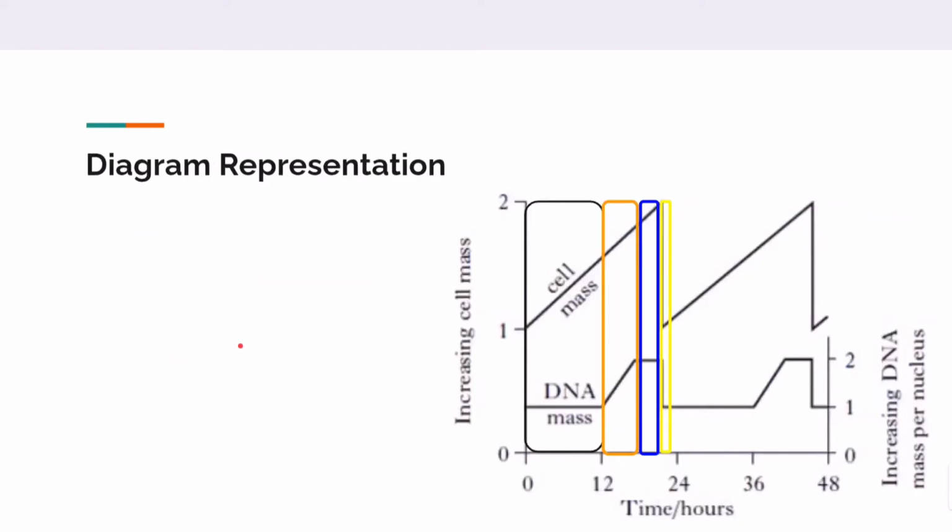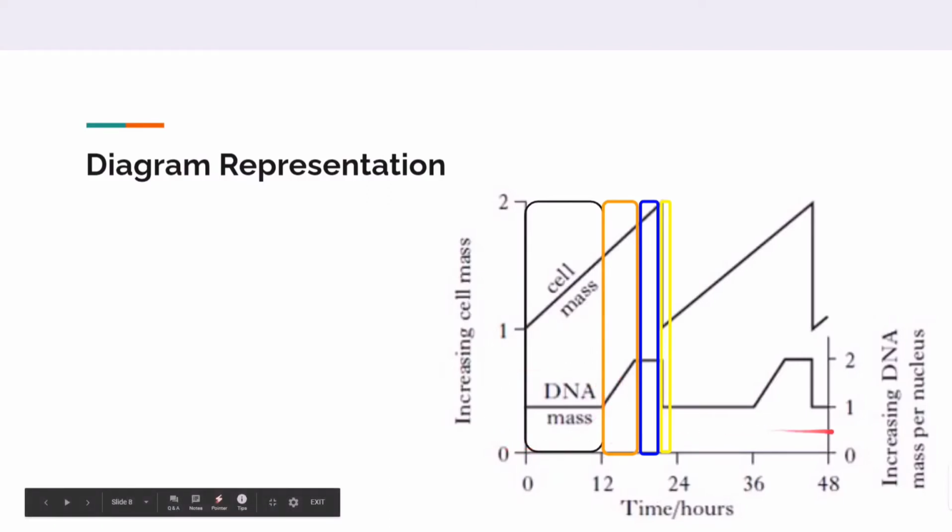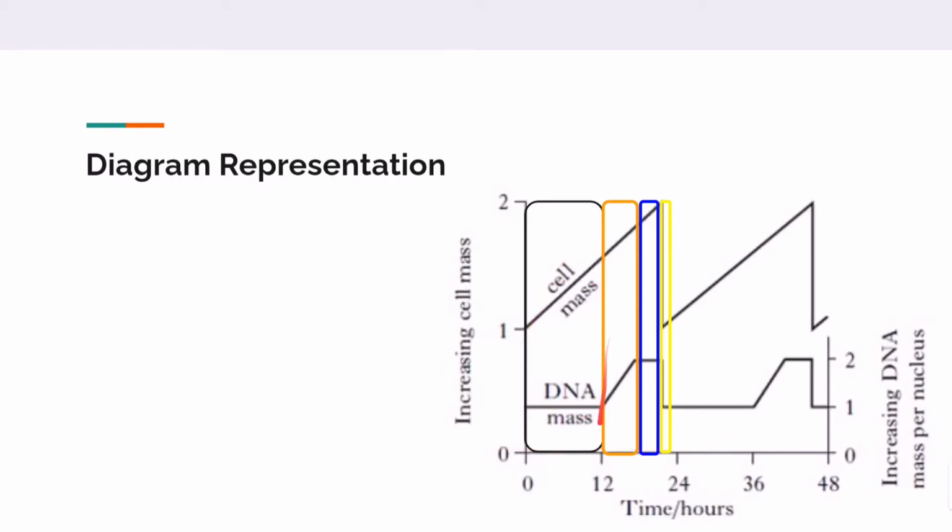And we have a diagram representation of this. Now, this is a diagram showing our cell mass and our DNA mass during our cell cycle over a period of time. So this shows how our cellular mass changes and our DNA mass changes over the course of the cell cycle.